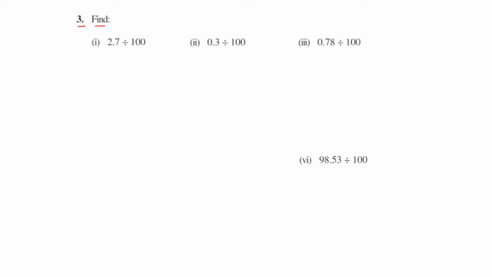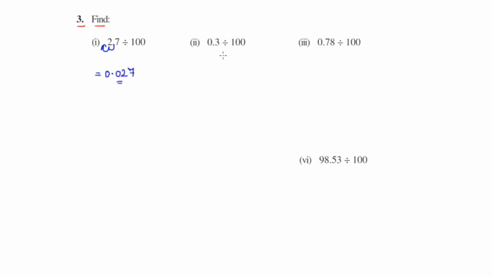In the first part, we have 2 zeros: 2.7 has to be divided by 100. So we shift this decimal point towards the right as many places as there are zeros, that is 1, 2. The vacant place is filled up by 0. So the answer will be 0.027.